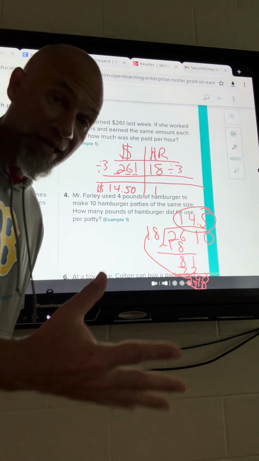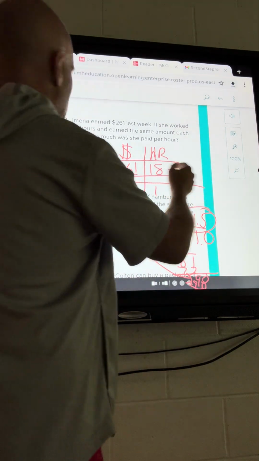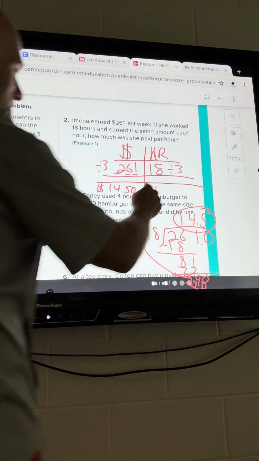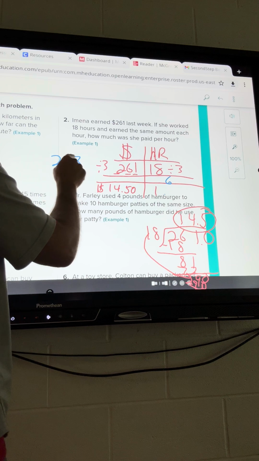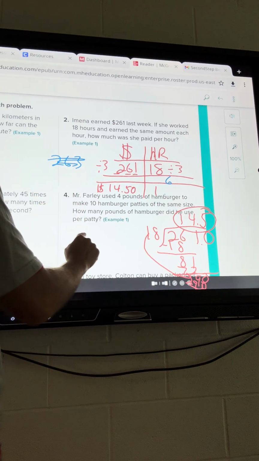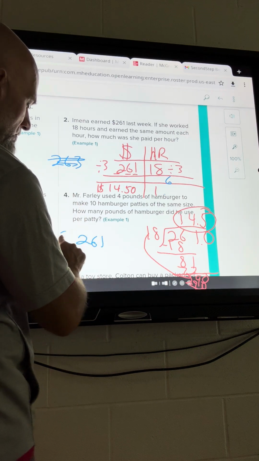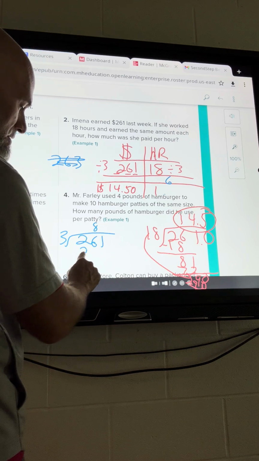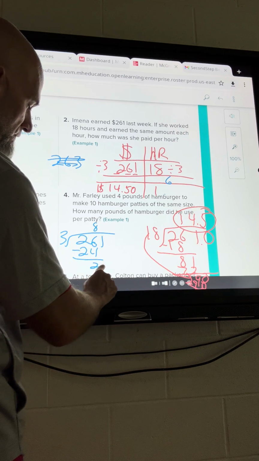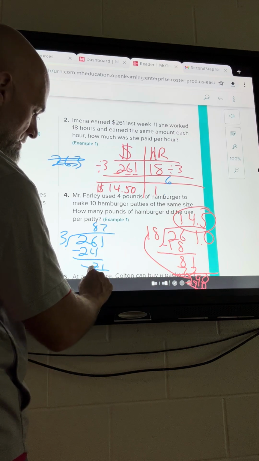You go back to dividing by 3. However, you could divide 18 by 3, and that would be 6. And then you'd have to divide 261 by 3, but it might be a little easier to work with those numbers. 261 divided by 3: 3 fits into 26 8 times, and it fits into 21 7 times.